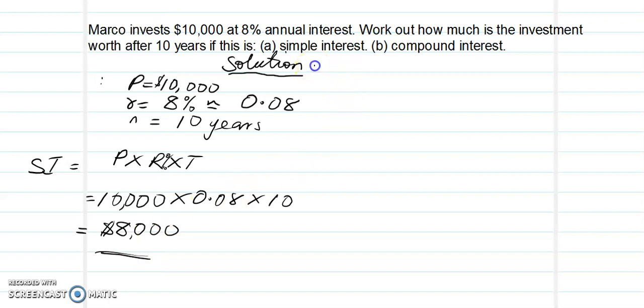So for the compound interest, we know that the compound interest gives us P into (1 plus R over 100) power N. But know that R over 100 is already converted to 0.08.